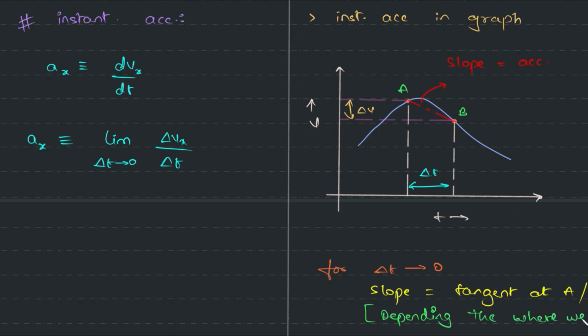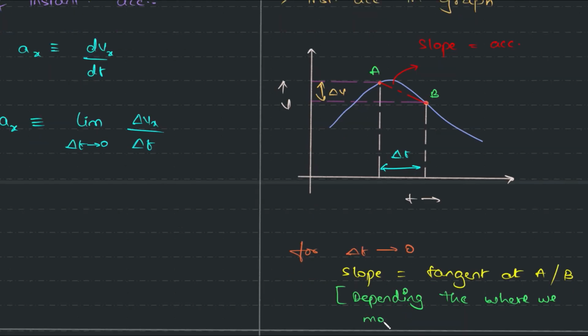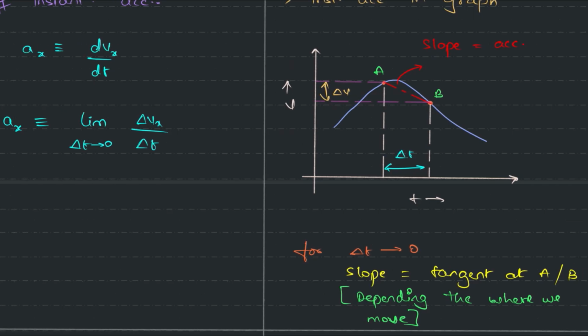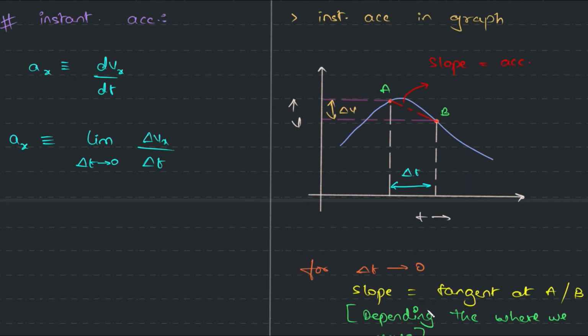Where we are moving. Oh, you guys are not able to see that. I'm writing it a bit on the right as well. Where we move. Okay, so that will give us the slope. Right? Instantaneous slope. That is your tangent and that is your instantaneous acceleration.